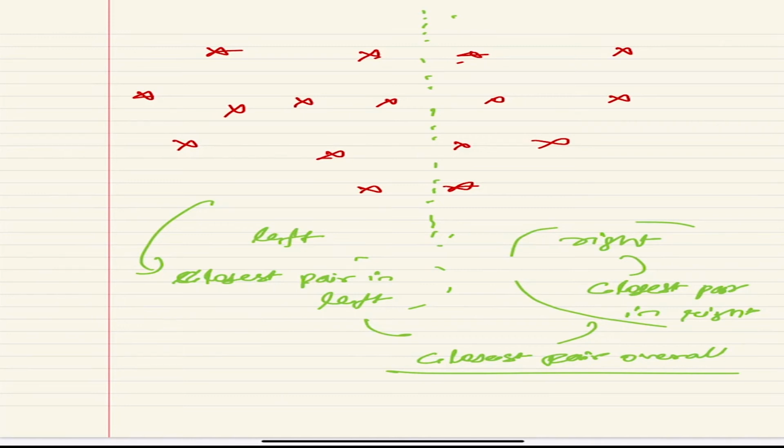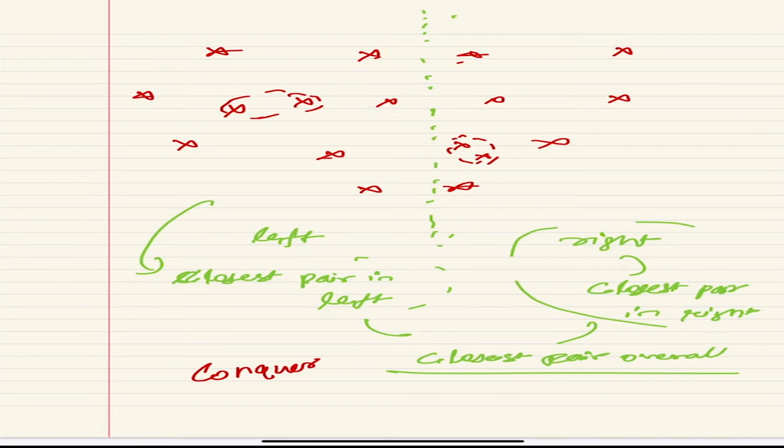Fine. Now divide and conquer, these two are easy, but the combine part is not so easy. And why is that? Because you have found the minimum distance in the left plane, and suppose it is this, and then you have found the minimum in the right plane, and suppose it is this.